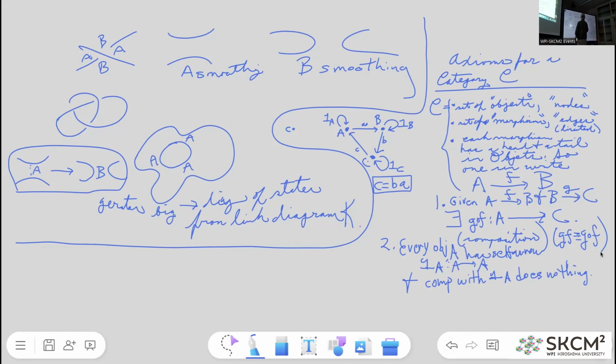So if C composed with 1 sub A, that'll just be the same as C. That's still an arrow that starts in, I'm sorry, it starts in 1 sub C. Oh, that's the way I wrote it, but that's not very good, I'm going to leave that out and use different letters because otherwise this. Suppose I have an object A.